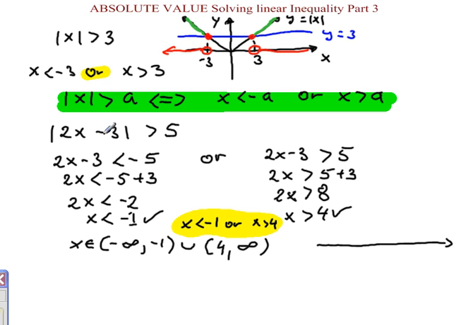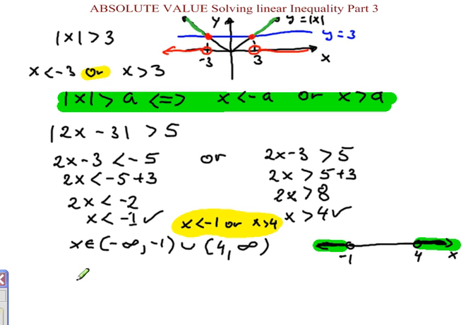You can graph 2x minus 3 and the horizontal line and see which part is located above the horizontal line, or you can use this solution here and say -1, +4, highlight this portion, highlight this portion to the left. Not including the endpoints. Very important not to make that mistake.